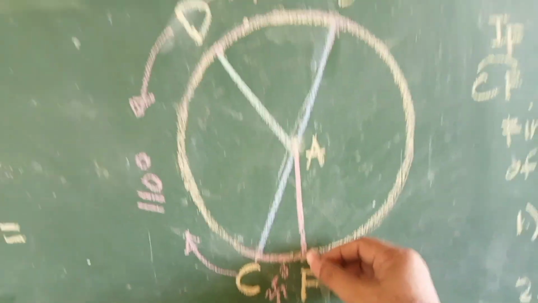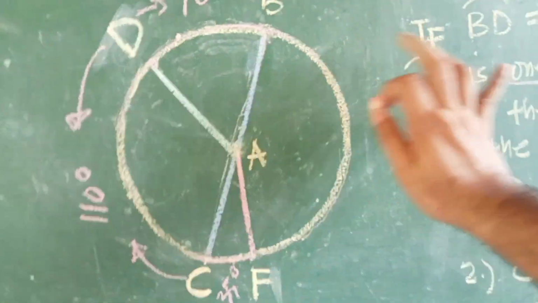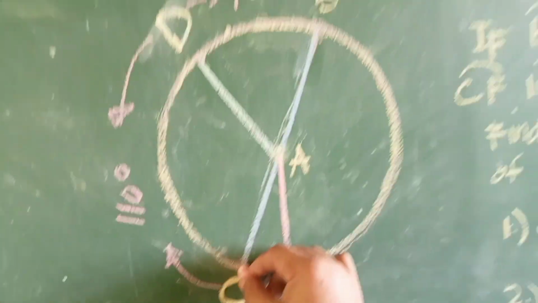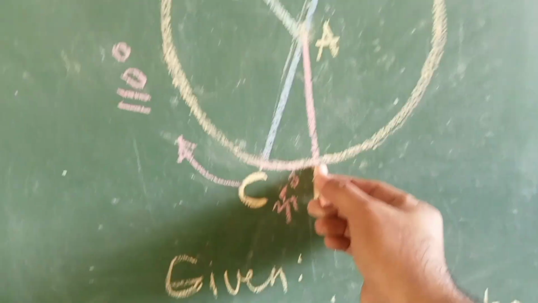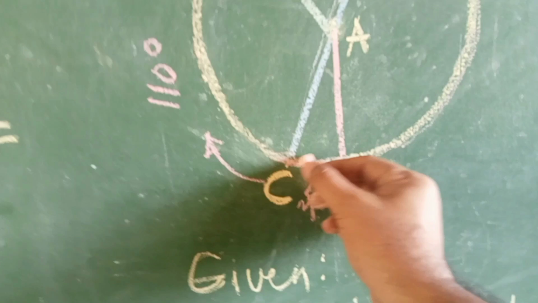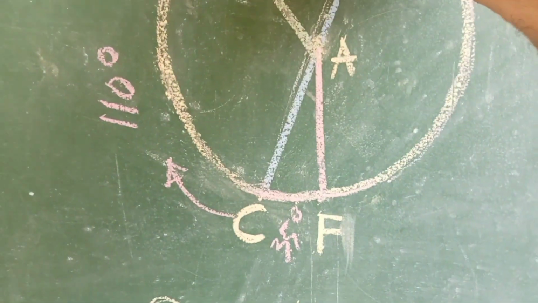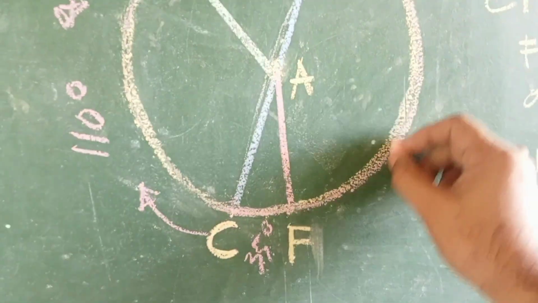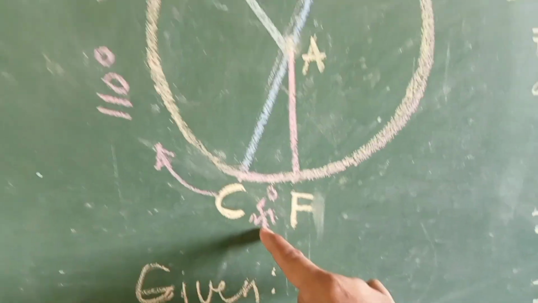Okay, so try to analyze again, class, that BC is a diameter, so it divides the circle into 2 equal halves. So therefore, from this point up to here, it is exactly 180 degrees. But since arc CF has a measure of 35 degrees, the remaining arc from point B up to point F, arc BF, is just equal to 180 minus 35 degrees.